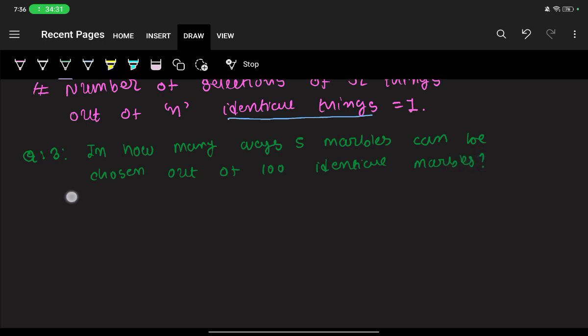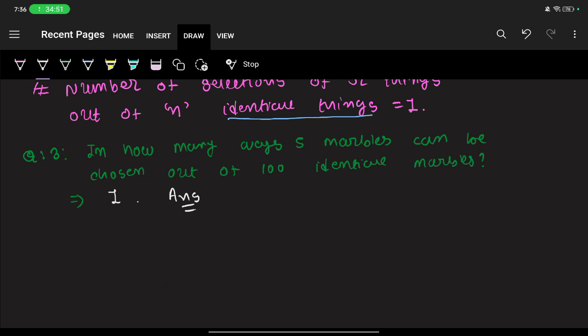So here its answer is 1, right? That's it. The condition is the things that you are looking at, or you are trying to select, they should be identical, all of them. Okay, then only you can get this result.